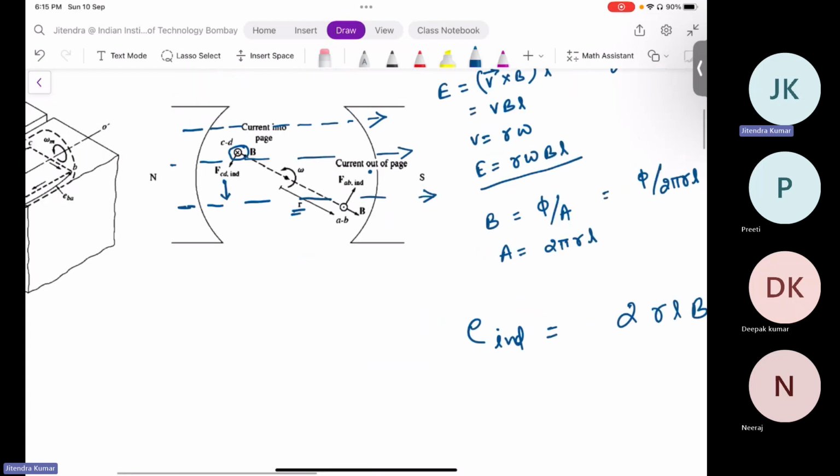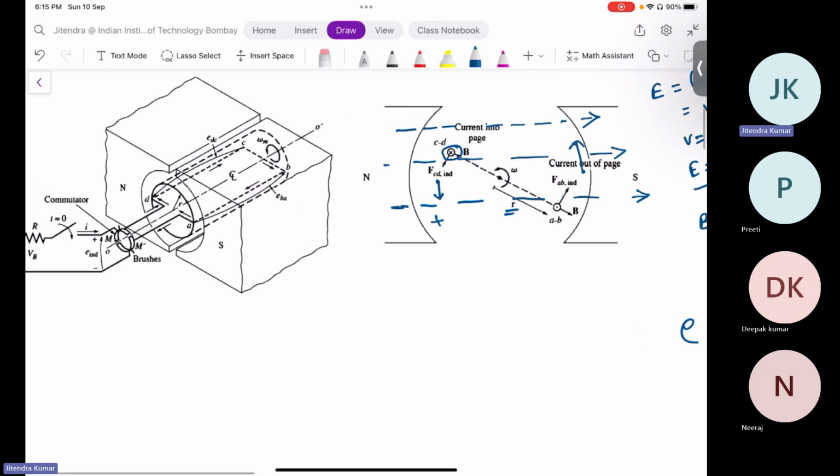Because whatever EMF is induced here, E plus, and whatever EMF is induced here, at the brush connection, it is EA minus EB.